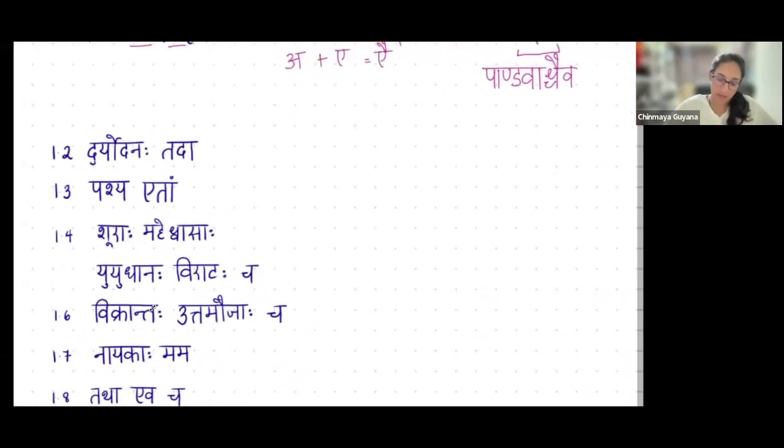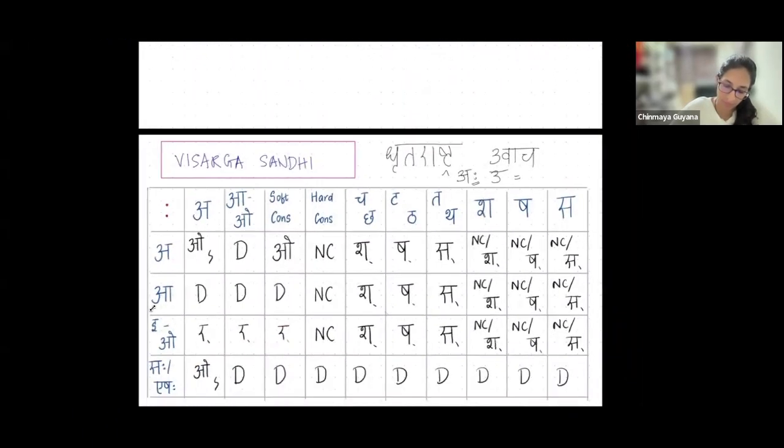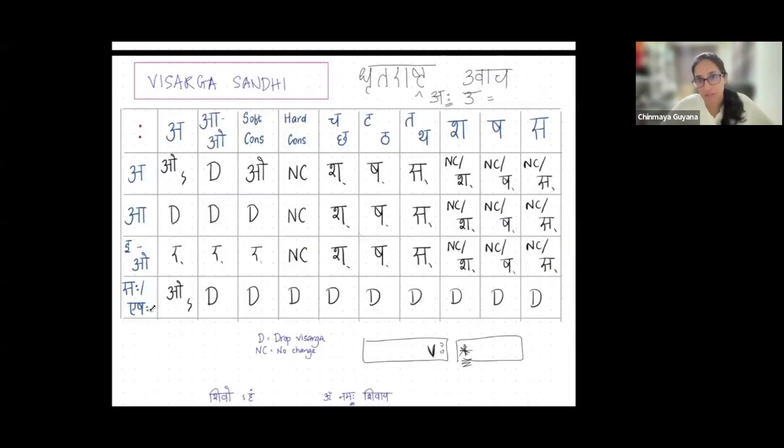Duryodhanaha tada. So you have aha meeting a ta. The ta is hard or soft? See, it doesn't matter what the ta is. The ta has its own column. So the ta is hard, that is true.